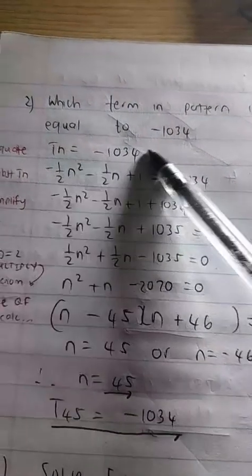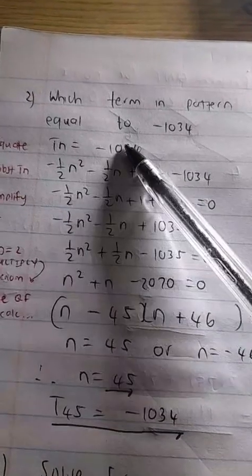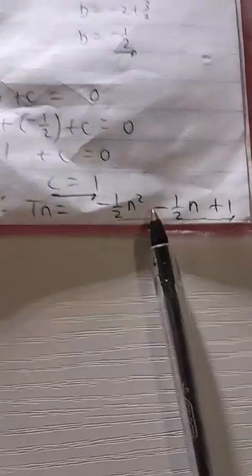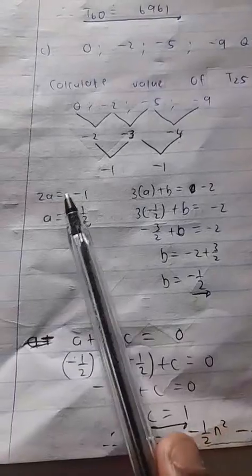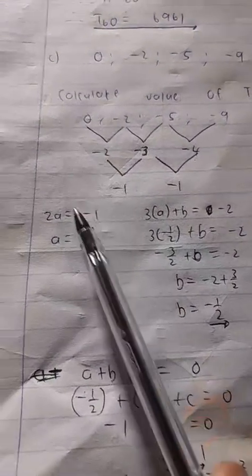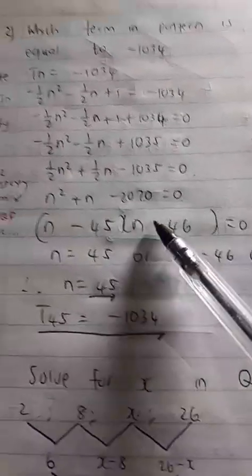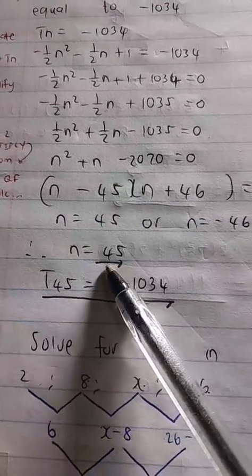And then you're supposed to equate Tn with minus 1,034. Remember, your Tn was minus half n squared minus half n plus 1 when you utilized your expressions and equated them to the relevant values, right? So then ultimately we were able to get n is equal to 45, okay?